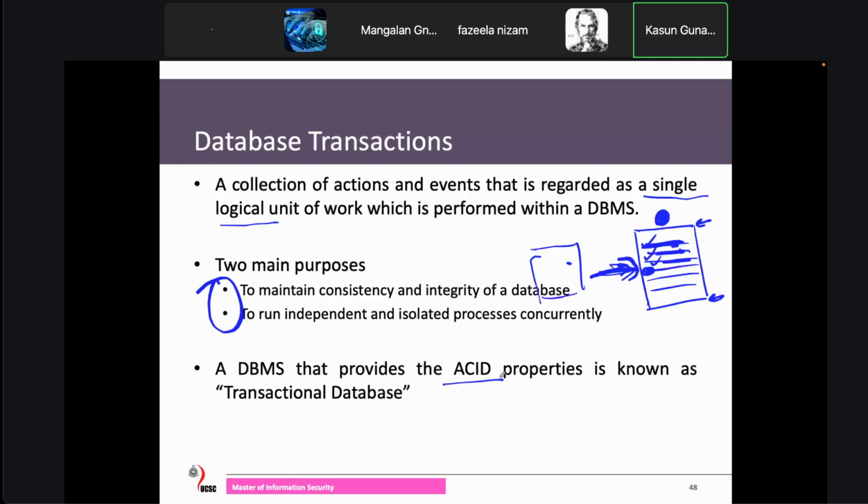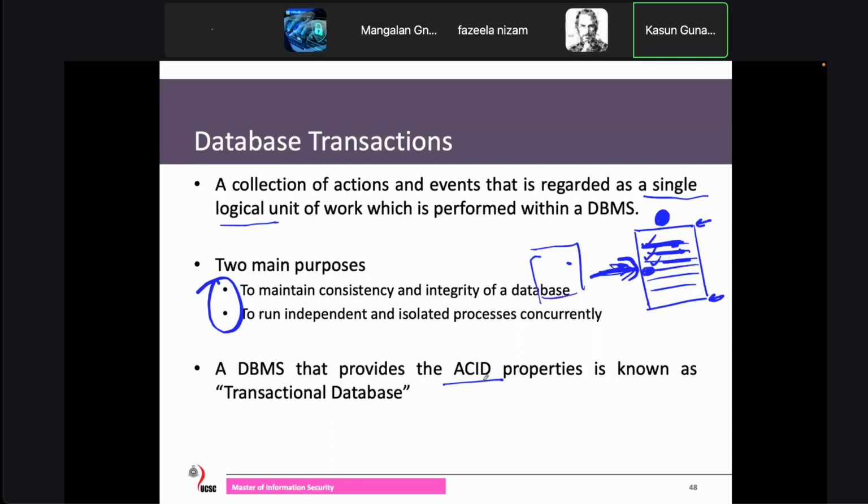databases enforce four properties which we call ACID properties, right? If a database management system complies with ACID properties, it supports transactions. A database management system that provides ACID properties is known as a transactional database, right?